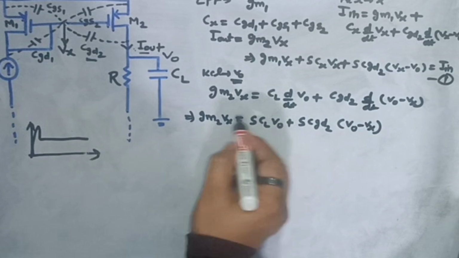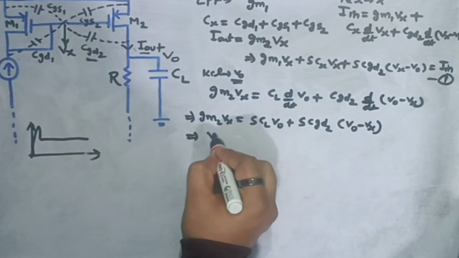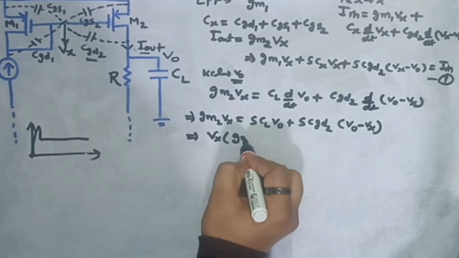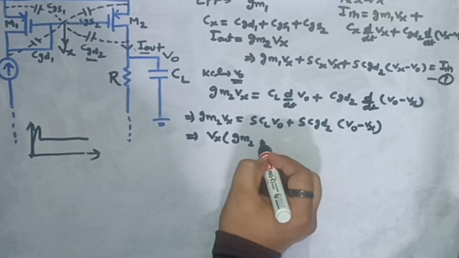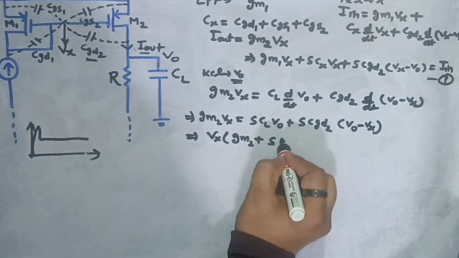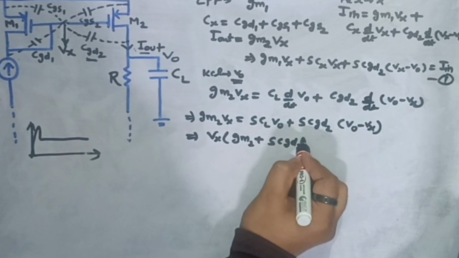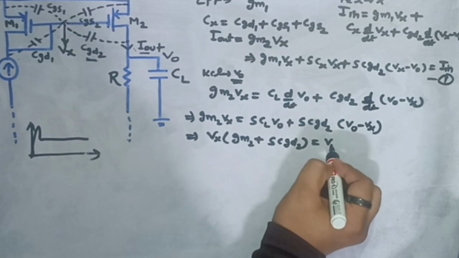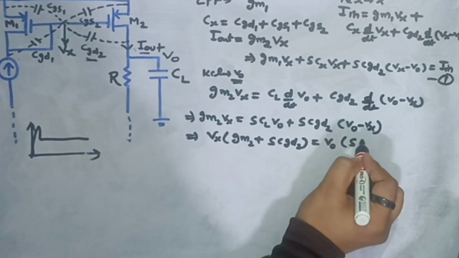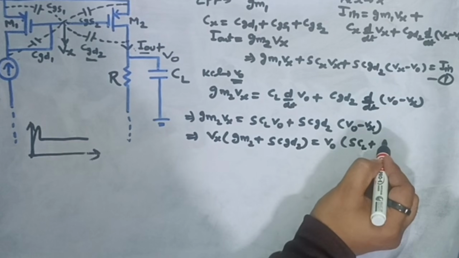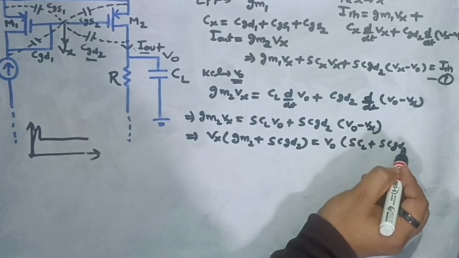If I simplify this further, let's bring all the Vx terms to one side, so I can take Vx as common. I will get gm2 plus s into CGD2. And if I take the V naught term as common, I will get s CL plus s CGD2.